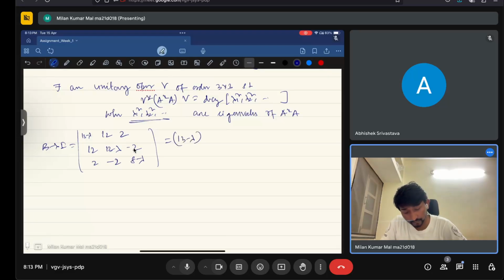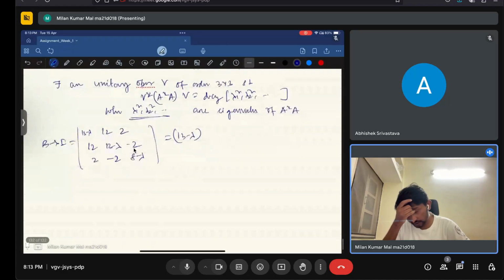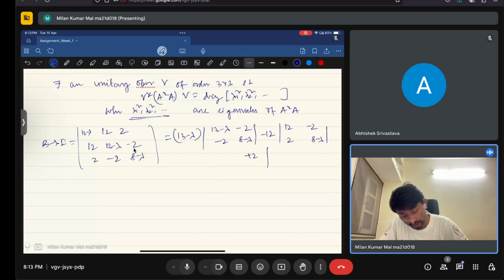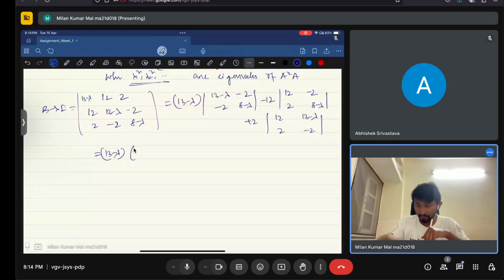It is 13 minus lambda times (13 minus lambda)(8 minus lambda) minus 4, minus 12 times (12 times (8 minus lambda) plus 4), plus 2 times... oh, that is a big matrix.